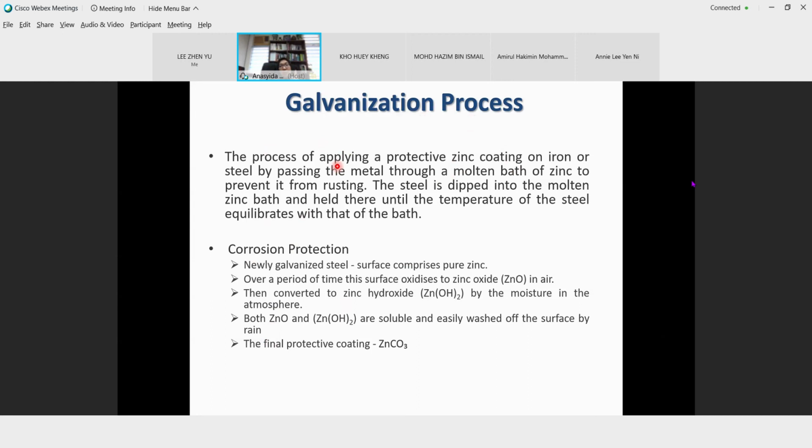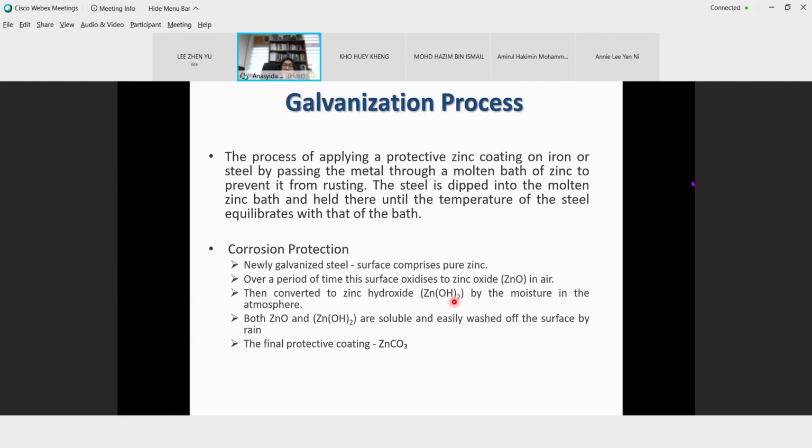But after a long period of time, zinc will react with oxygen in the environment, forming zinc oxide. And after a few days, a few months, this will convert to zinc hydroxide because of the reaction with water or moisture in the environment. So both zinc oxide dengan zinc hydroxide tadi, even though they form a product same like aluminium oxide, tapi ini dia form zinc oxide.